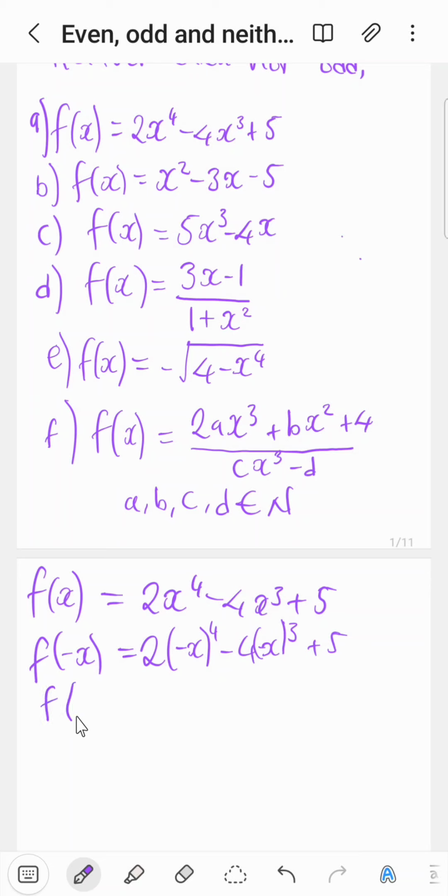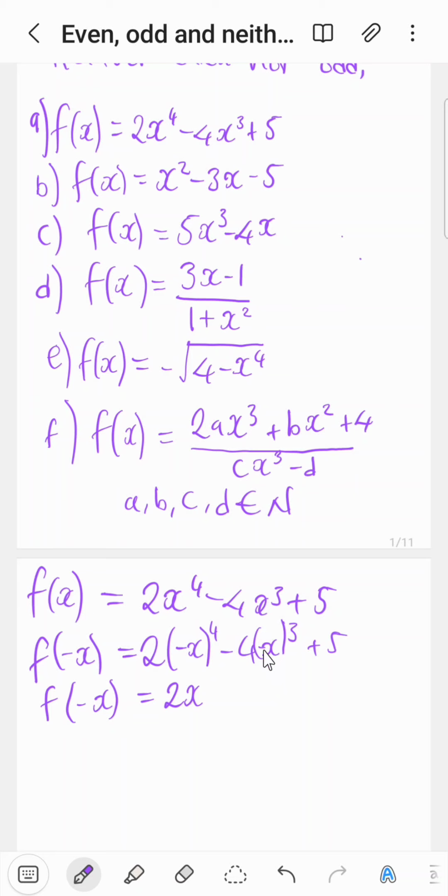Negative x to the power 4 will be positive, like a negative number multiplying itself 4 times: negative times negative is positive, times negative is negative, times negative is positive again.